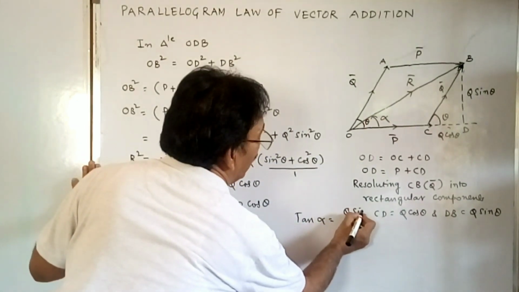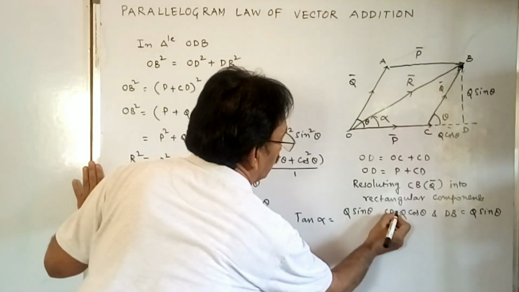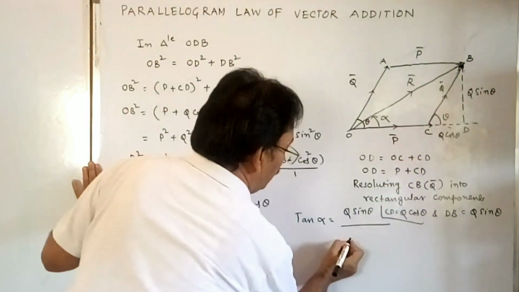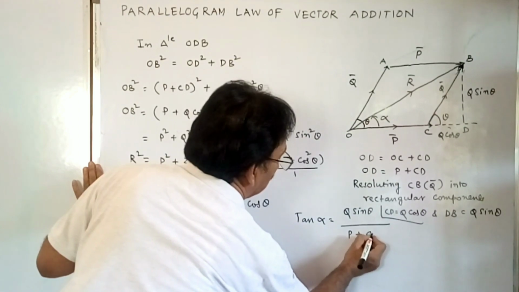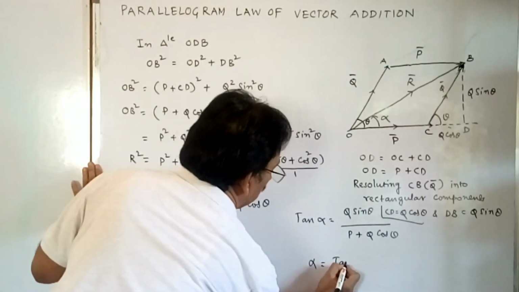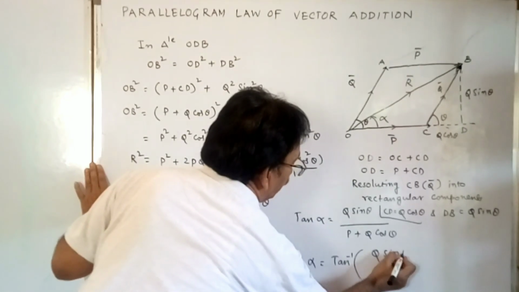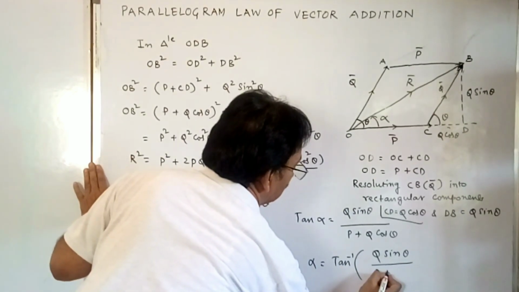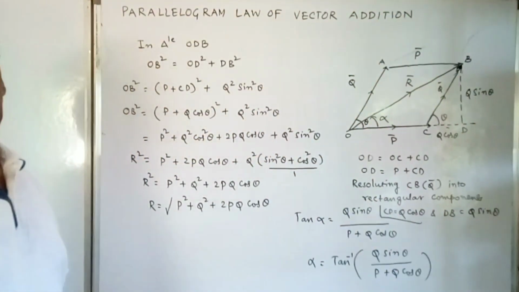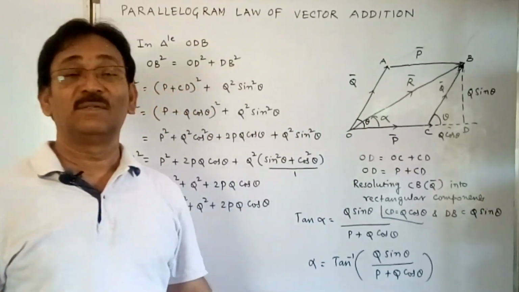It is Q sin theta upon adjacent P plus Q cos theta, or alpha is equal to tan inverse of Q sin theta upon P plus Q cos theta. It is the angle between the first vector P bar as well as the resultant.